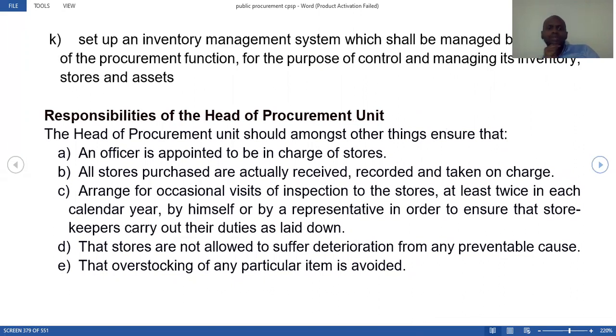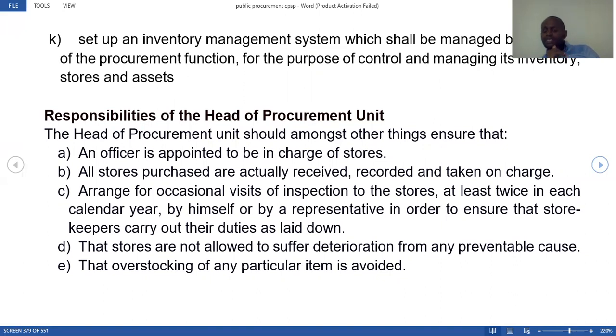So an officer is appointed to be in charge of the store. So you must have a person who is in charge of the store. Can either be the head of the procurement unit. All store purchases are actually received, recorded, and taken in charge. So the person is in charge of all the receipts and all the issues in the organization.